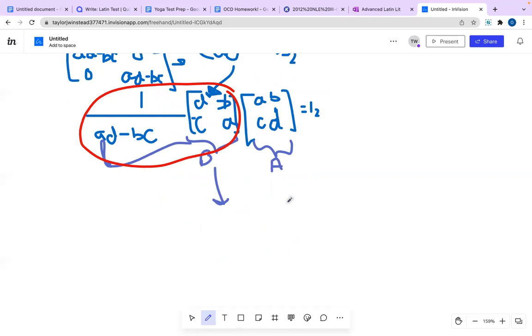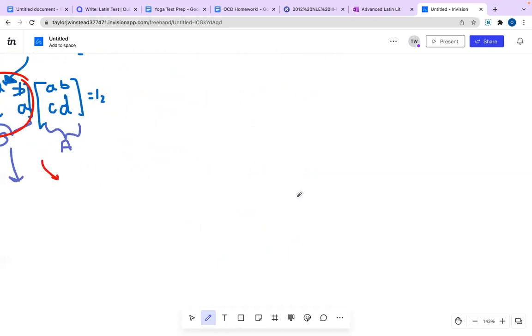And then conversely, if A is invertible, so let's say that we know that A is invertible.